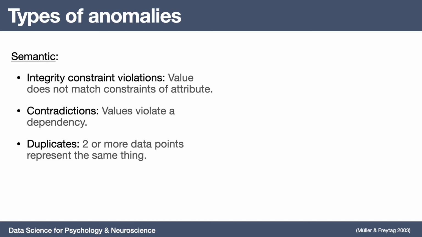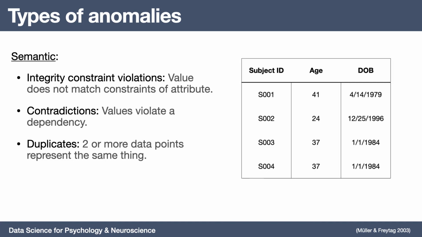There are also duplicate errors where you have 2 or more data points representing the same thing. This can happen when you have a duplicate subject actually given 2 different ID numbers, or where the same data file is parsed twice. So for example, here in this data table where we again have subject ID, age, and date of birth, you'll notice that there are 2 subjects, subject 3 and subject 4, who both have an age of 37 years and the exact same birth date, 1/1/1984.